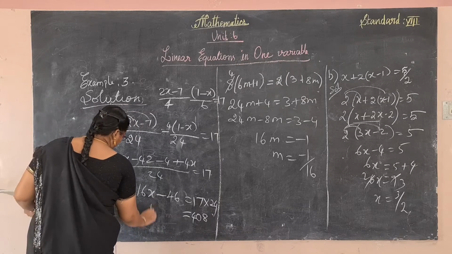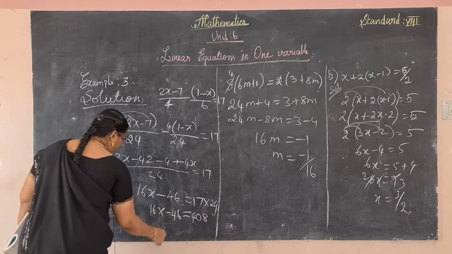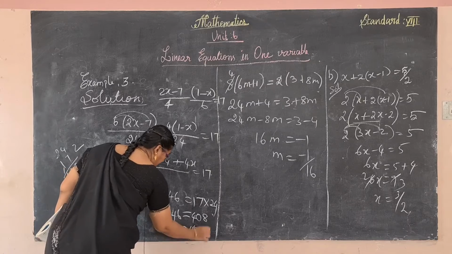Okay, so here 16x minus 46. Move to that side. 16x is equal to 408 plus 46.